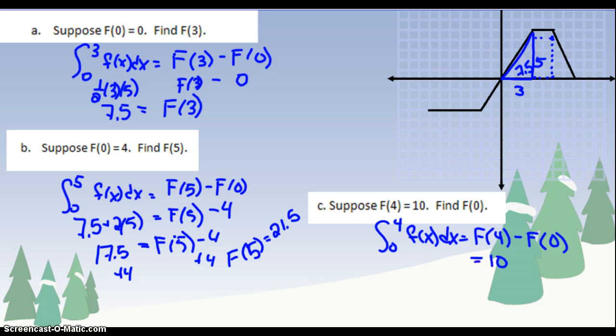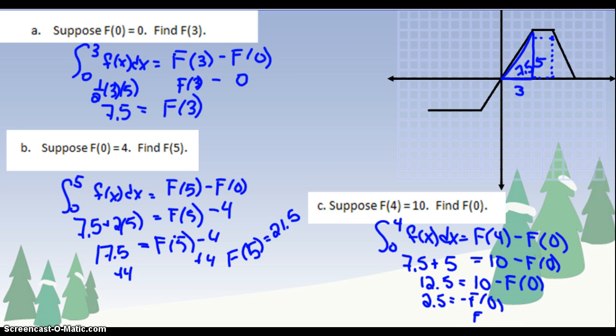Now F of 4 is the 7.5 plus the 5, the area underneath the curve. So then over here, I end up with 12.5 equals 10 minus F of 0. Subtract the 10 over, and you end up with 2.5 equals negative F of 0. So F of 0 is negative 2.5.